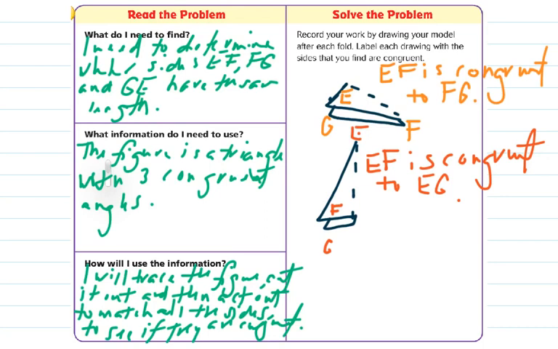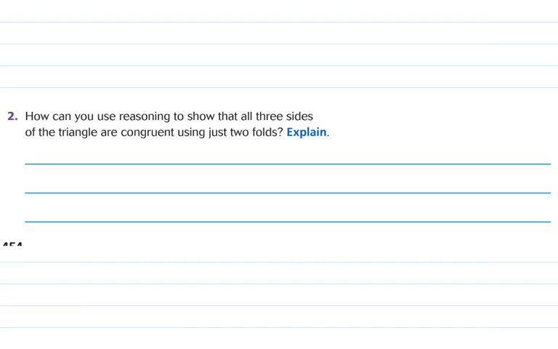So by our drawings, boys and girls, we see that the triangle, in fact, has 3 sides that are all congruent, because EF is congruent to FG and EF is congruent to EG. So we know that even without the ruler, our triangle has 3 congruent sides.